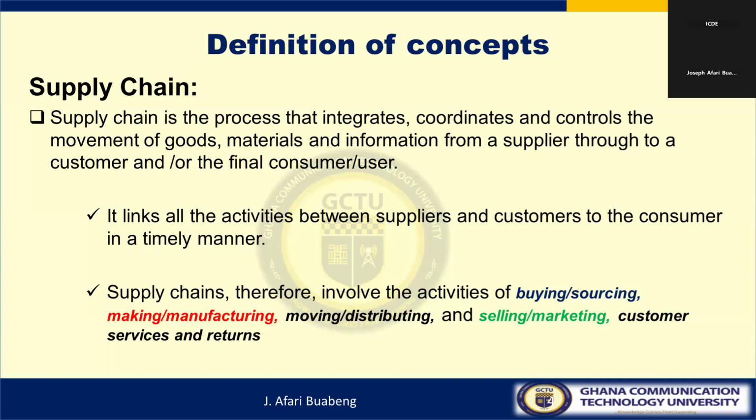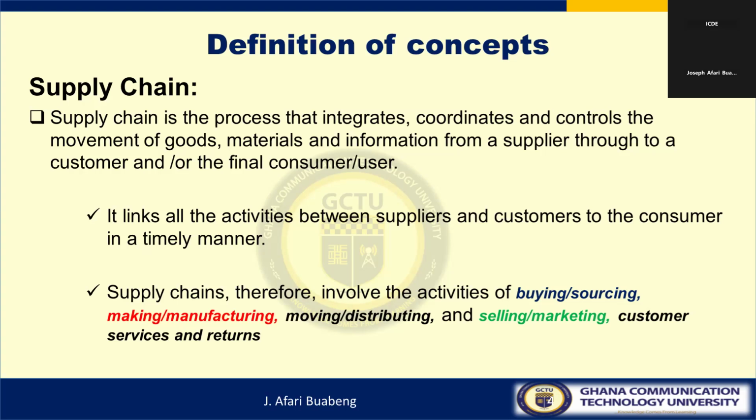There are players. So before any product can get to the final consumer, there is what we term as what? A chain, a supply chain. So that process is a process coordinating, controlling, and then integrating the movement of the goods, the movement of information from suppliers to the consumer or the customer. You get it? So that is the supply chain.